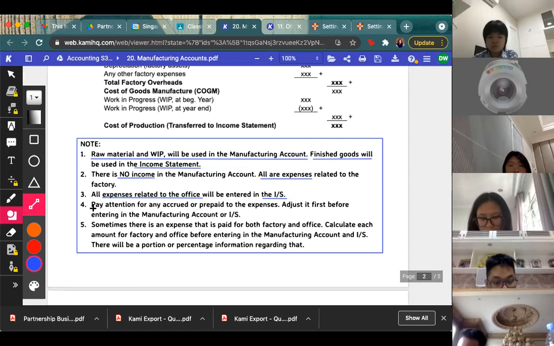Number 4, pay attention to any accrued or prepaid expenses. Adjust them first before making an entry in the manufacturing account or income statement.